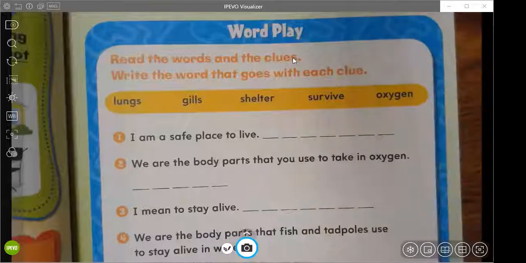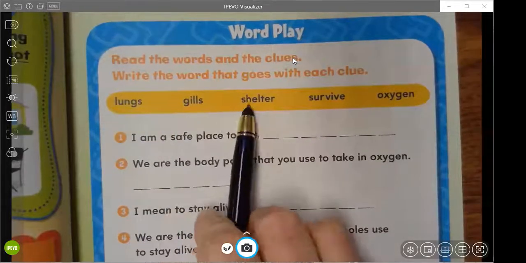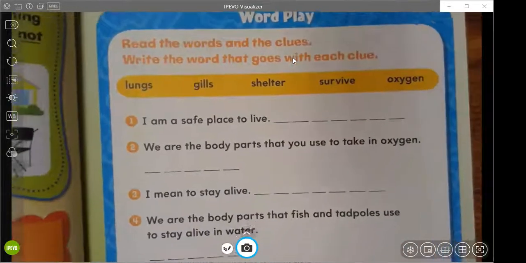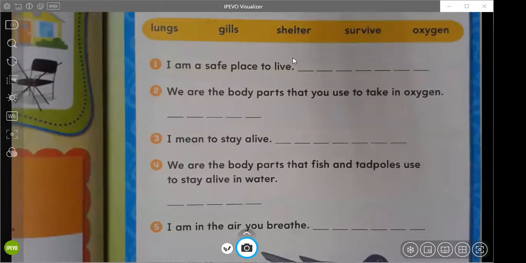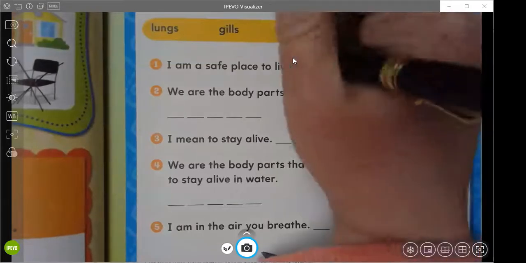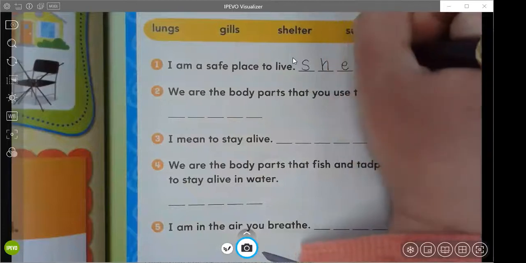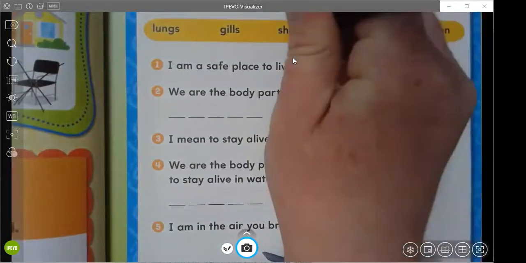So here's our word bank. We have lungs, gills, shelter, survive, oxygen. Number 1. I am a safe place to live. Shelter. S-H-E-L-T-E-R.